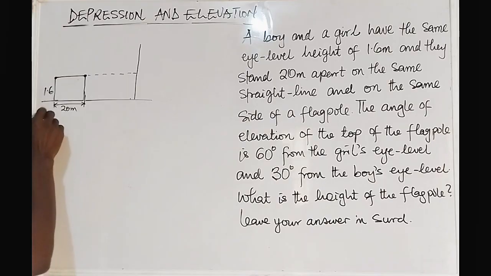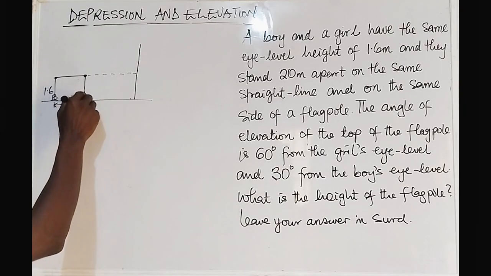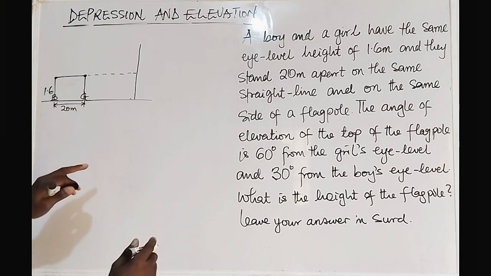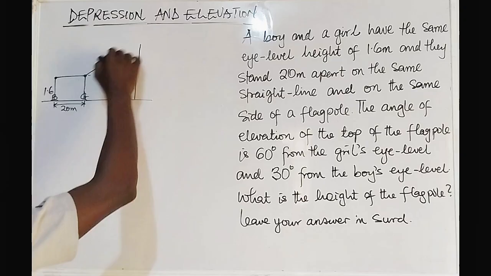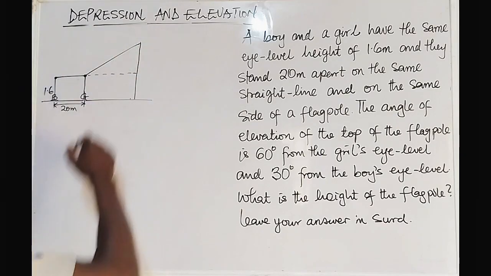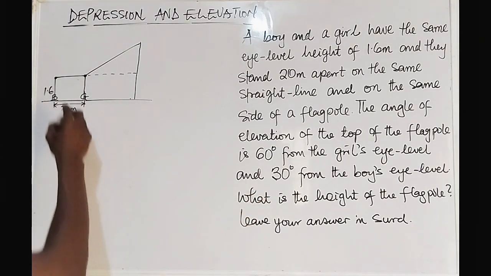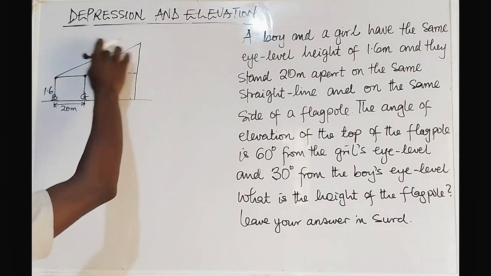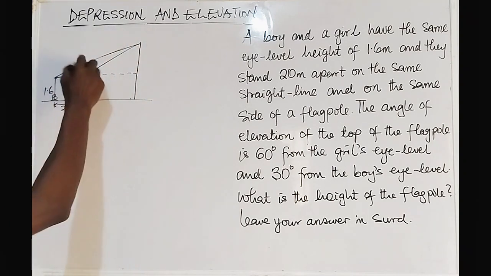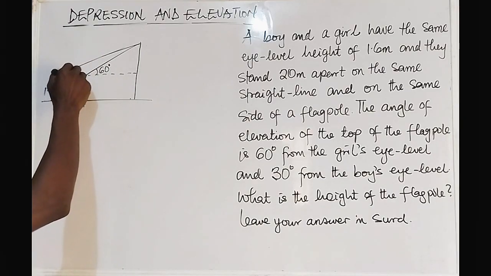So this is the boy, our boy B, and this is our girl G. So from the girl, that is from here up here, and 30 from the boy, which means from here. So this is 60 and this is 30.